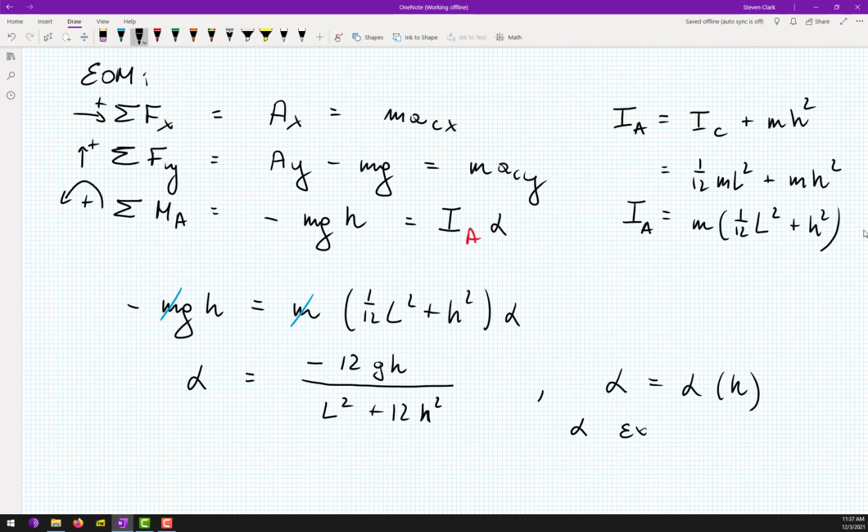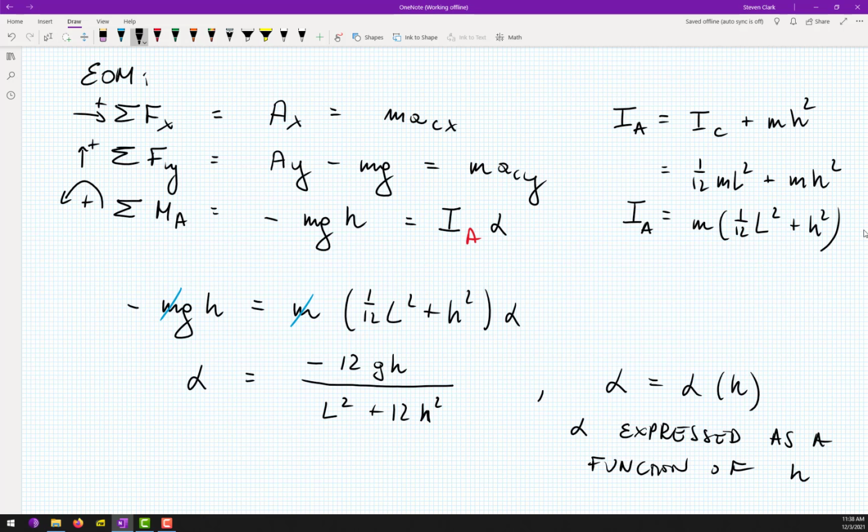Alpha expressed as a function of h. Okay, how to find the maximum of that function then? Yeah, they ask us to find h such that alpha is maximal.